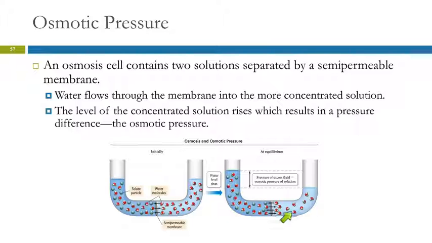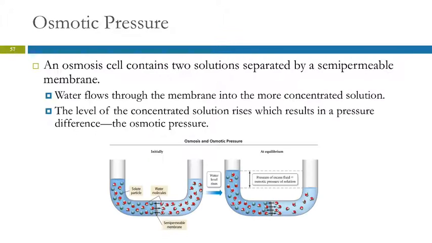We learned before that if you have a tube like this with different levels of liquid, the difference in the heights is related to the pressure, right? So this corresponds to a pressure, and we define osmotic pressure as the pressure needed to prevent osmosis. So if you wanted this to go back the way it was, you'd have to put pressure on here. That's the osmotic pressure.